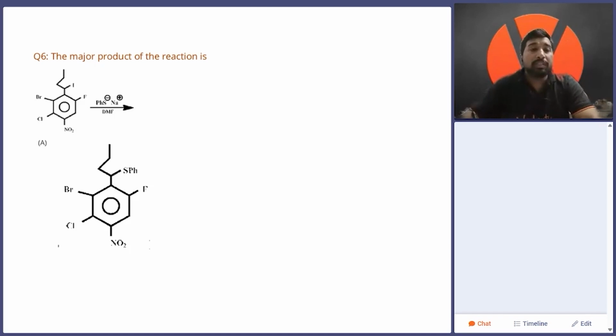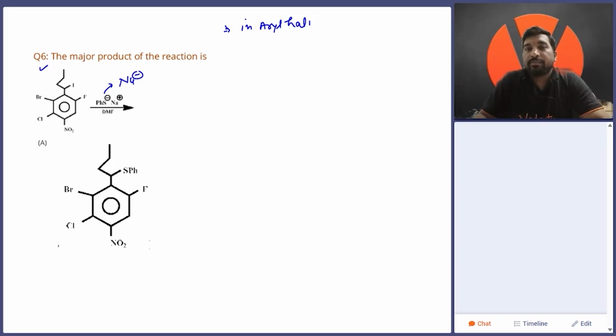For this question, as you know, this PhS minus will behave as a nucleophile. Now you have to note and remember this point: in aryl halide, SN reaction is difficult.